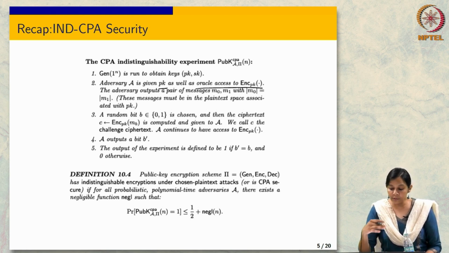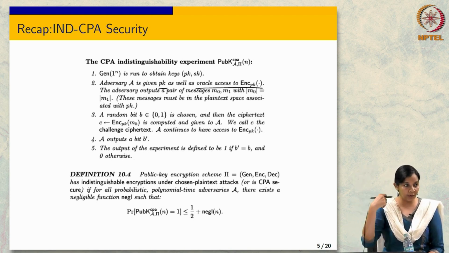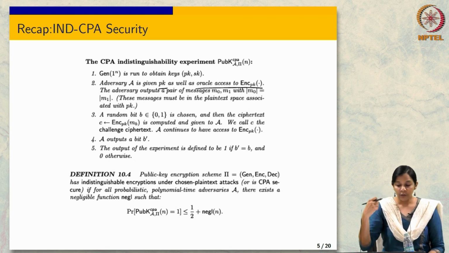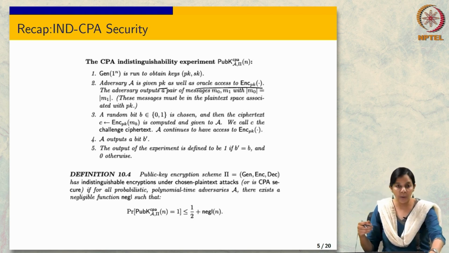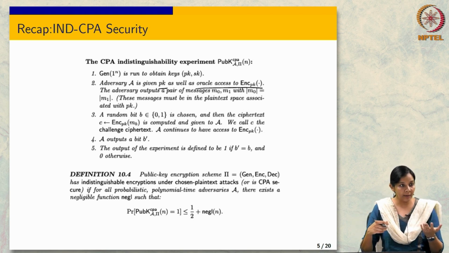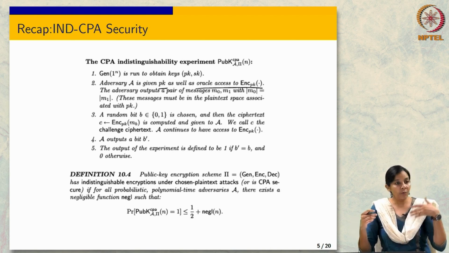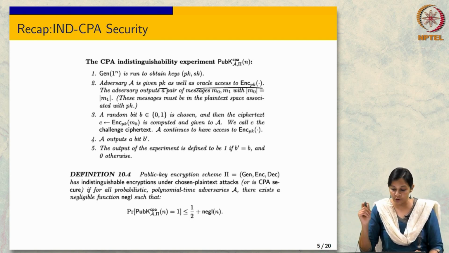The adversary is given the public key and it is given oracle access to an encryption procedure. So what is oracle access? Basically I can give some input and get the output. That means that anyway I have my own public key, so I could certainly encrypt things on my own. I could also request the encryption oracle to give me ciphertext corresponding to messages of my choice.